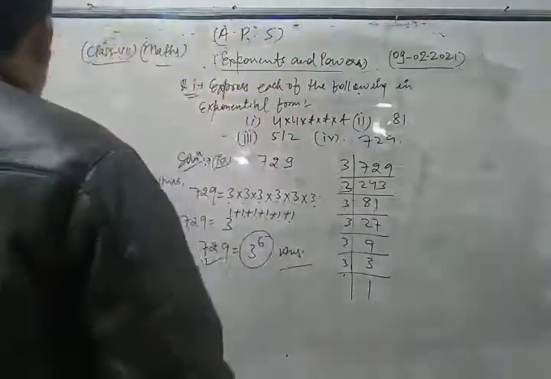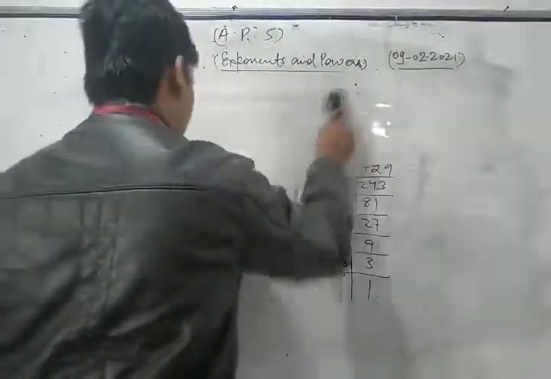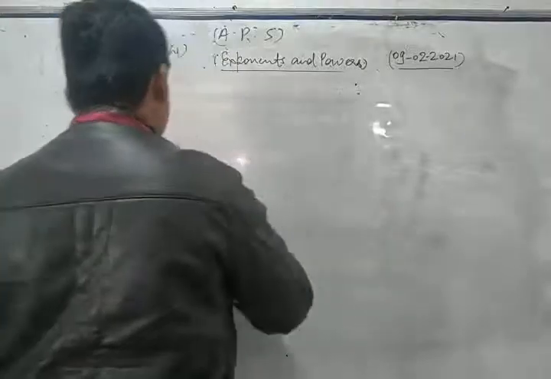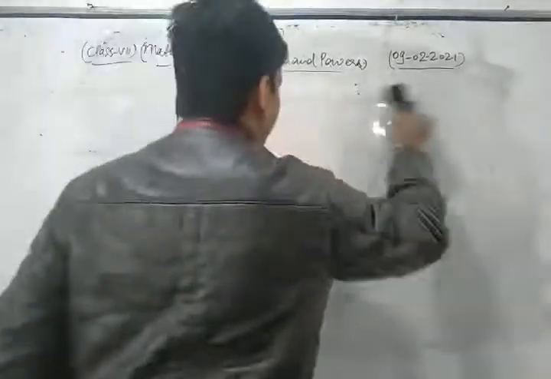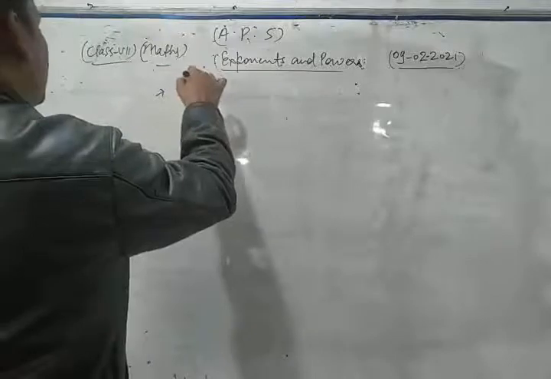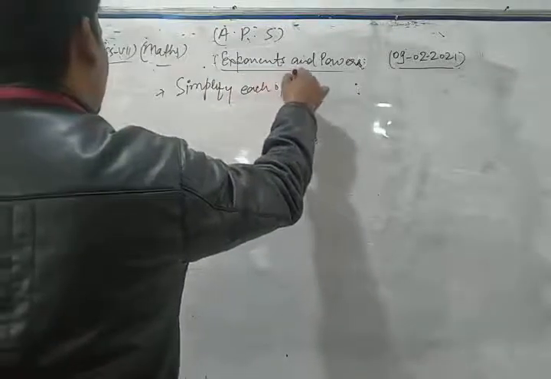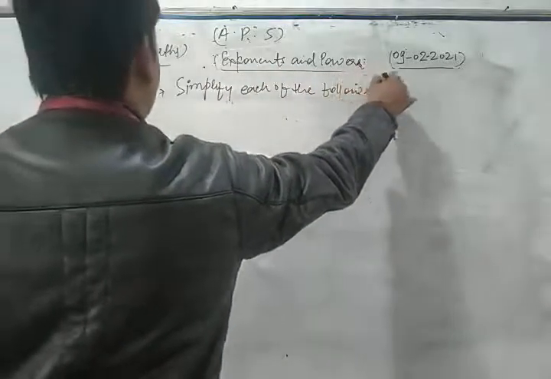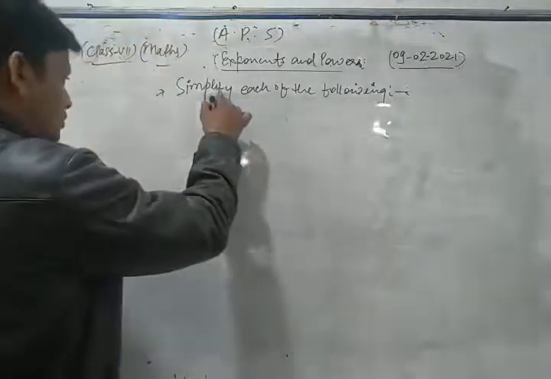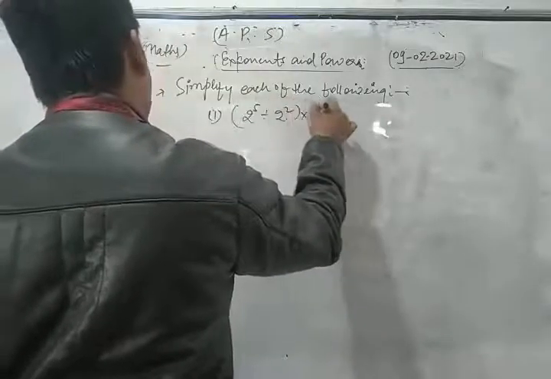Let's simplify each of the following. The first part of this question is 2 power 5 divided by 2 power 2 multiplied by 2 power 13.